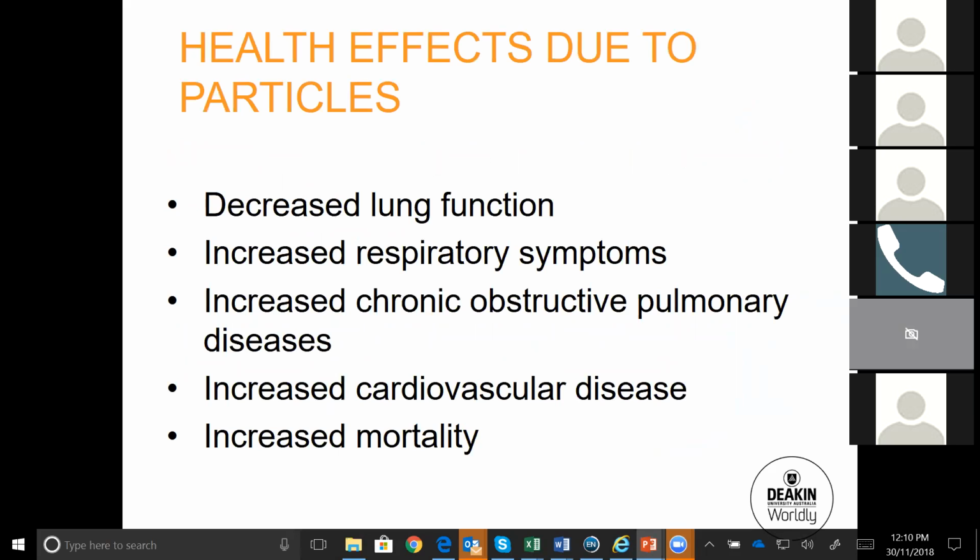We know so far that health effects due to the exposure of particulate matter are linked to decreased lung function, increased respiratory symptoms, increased chronic obstructive pulmonary diseases, increased cardiovascular disease, and increased mortality.